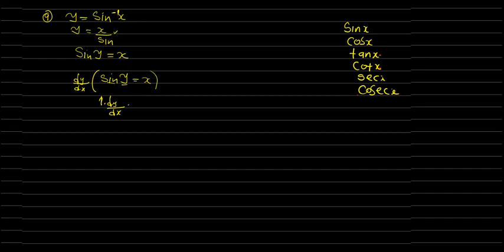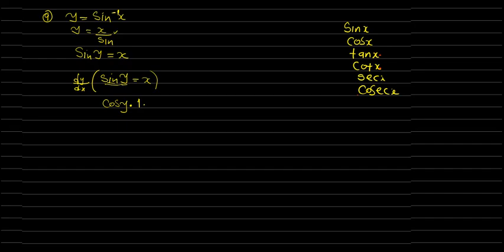Then differentiating the whole trig function now, that will give us what? Differentiating the whole trig function will give us cos y. Then you always differentiate the angle. So differentiating the angle, dy dx of y, is 1.